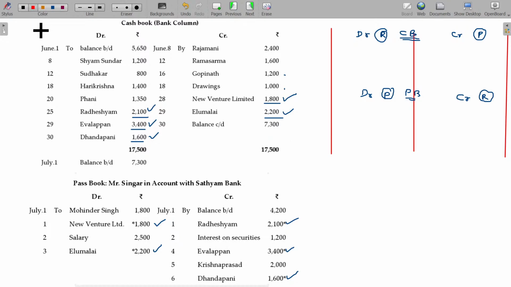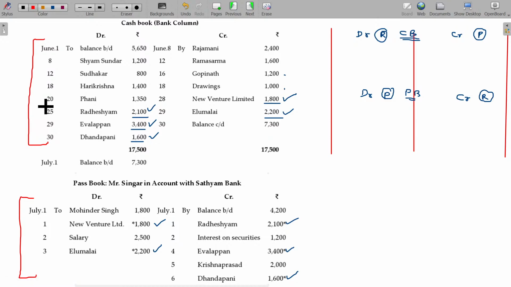Listen. This cash book is for which period? For June month. This passbook is for which month? July month. Should be very alert. If the cash book and passbook are for the same period, they should be matching.